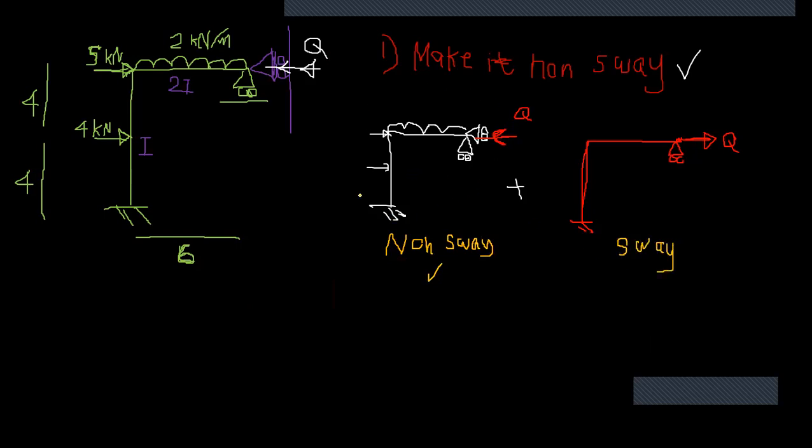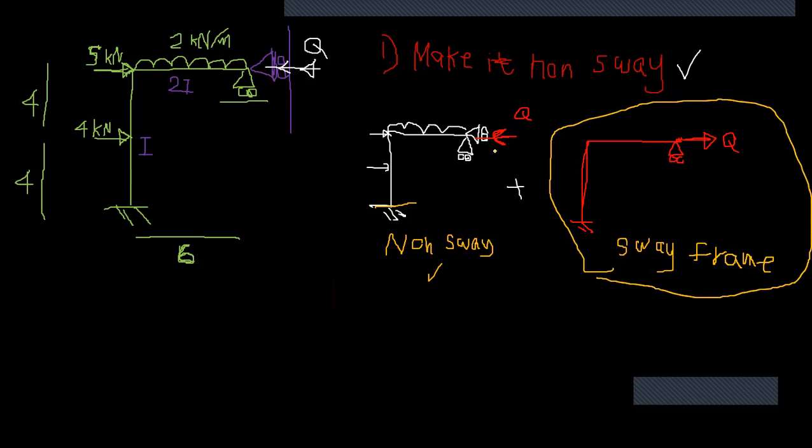So we know there's some Q force which contributes to sway, so we isolated the Q force into this sway frame. Why? We can then easily analyze only sway without any loading.